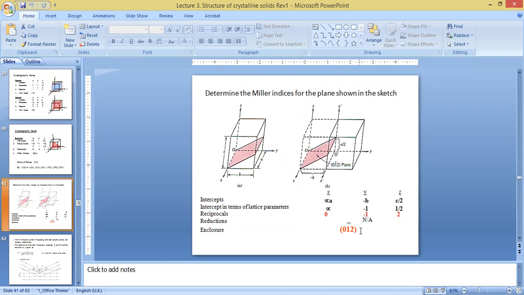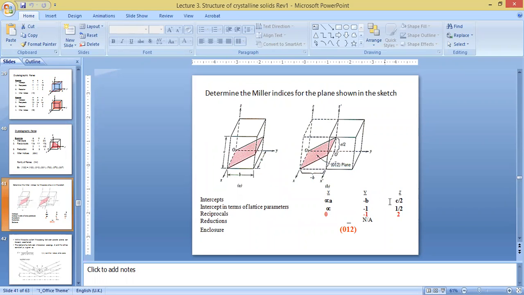So now how do we bring it to indices, the 0, -1, 2? We all agree it would be hard for us to draw. However, the intercepts are what we've been using to determine the plane. So you have infinity at x, and then -b, b being 1, right?